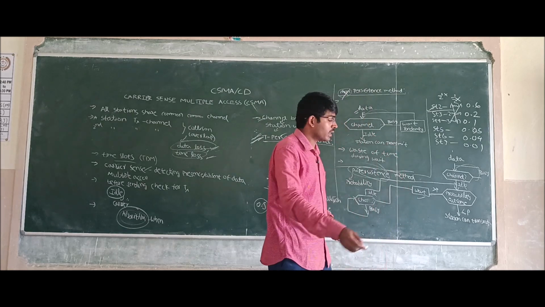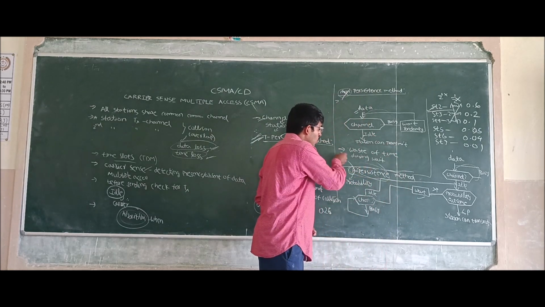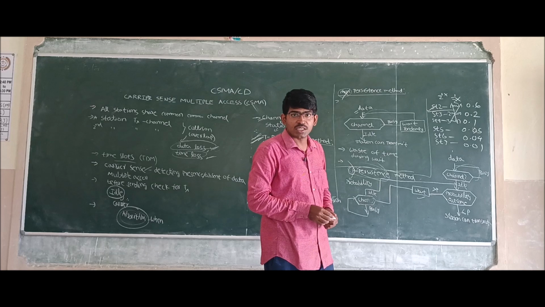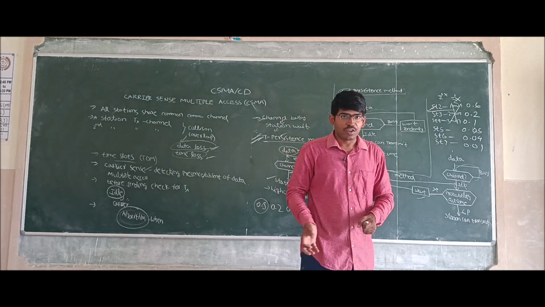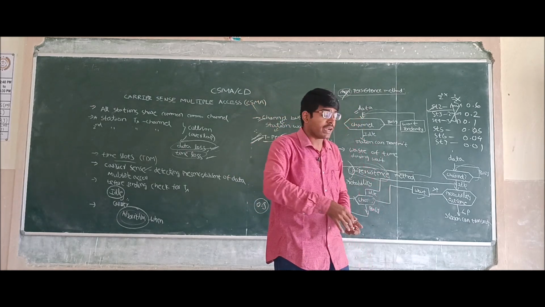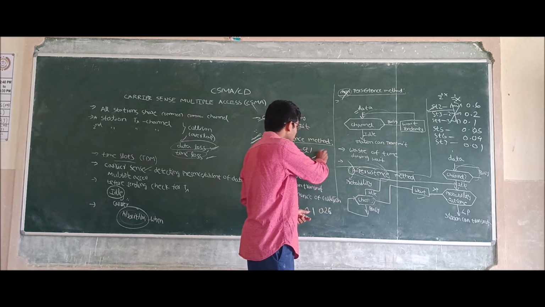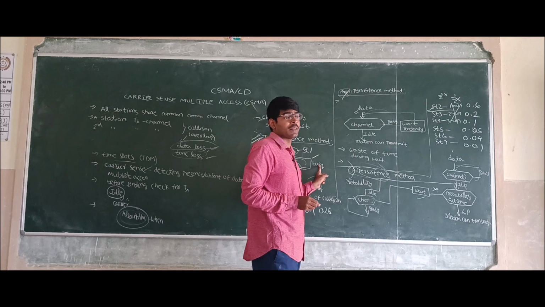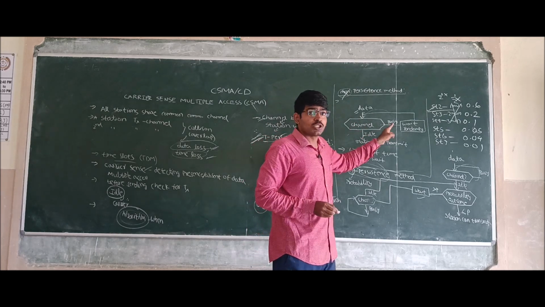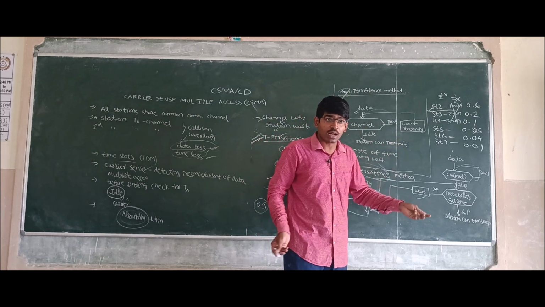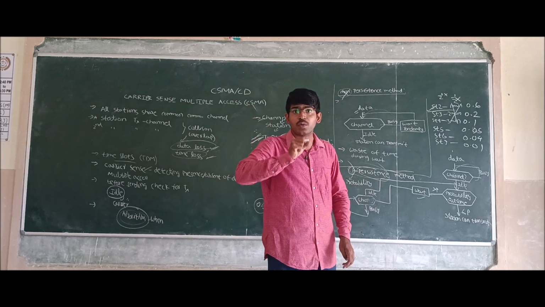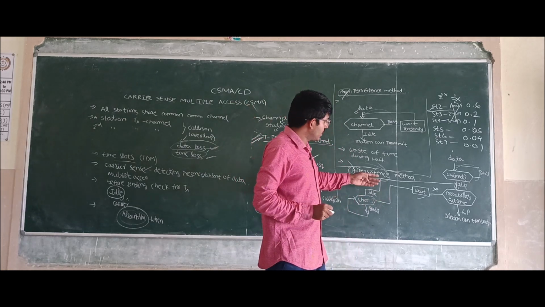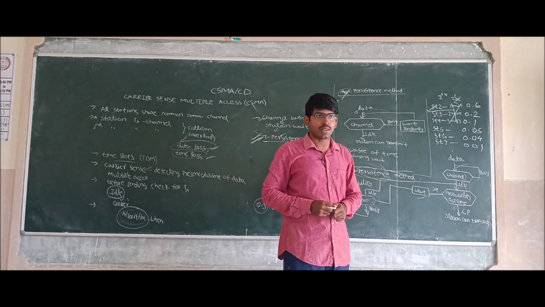That's why this method is called the probability persistence method. We are combining the advantage of no need to wait much time and no chance for collision. We are combining these two advantages and bringing out the P-persistence method.